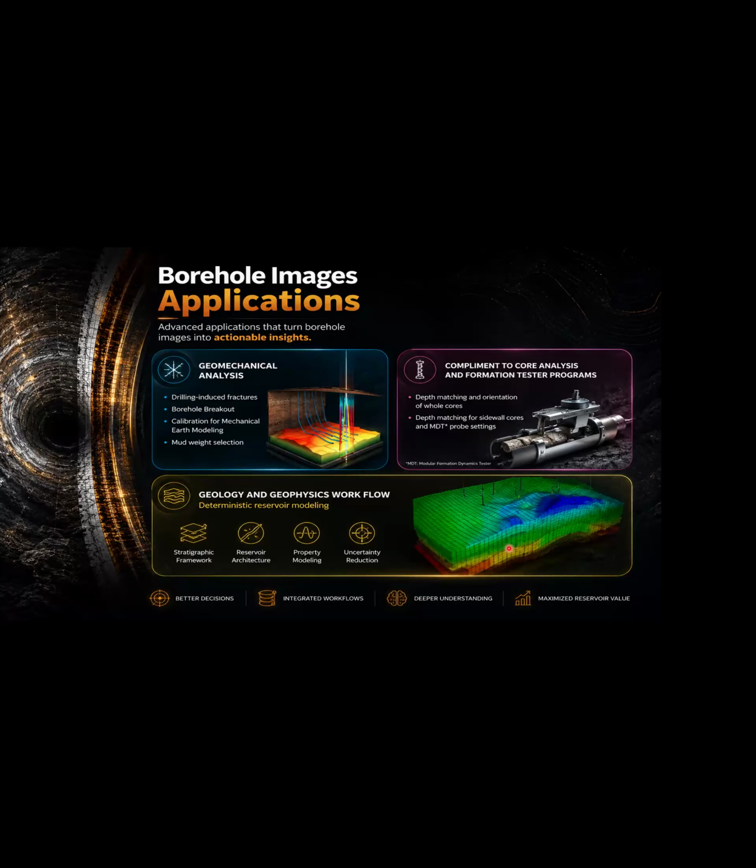In the main workflow, all this information will be a direct input to build a good geological model. I mean the structure, stratigraphy, all the aspects related to reservoir architecture.